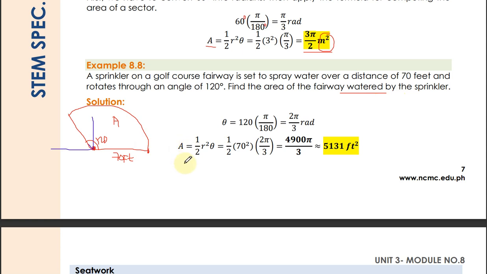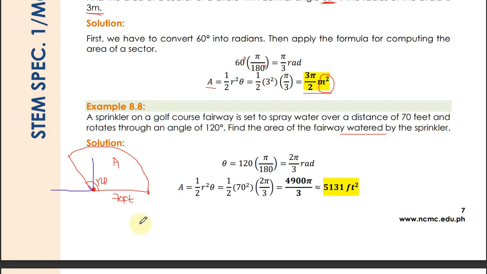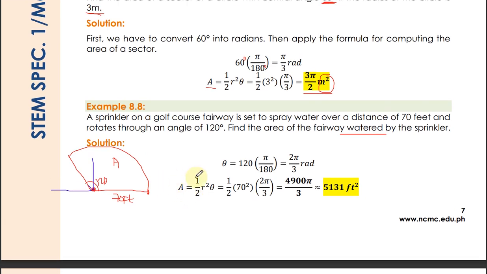So that is by using the area of a sector formula, that is 1/2 r squared times the angle. Again, since the given angle is in degrees, you have to convert it into radians. So that is 120 multiplied by pi over 180, which is equal to 2 pi over 3 rad. Then the radius is the maximum distance the water reaches, which is 70 feet.